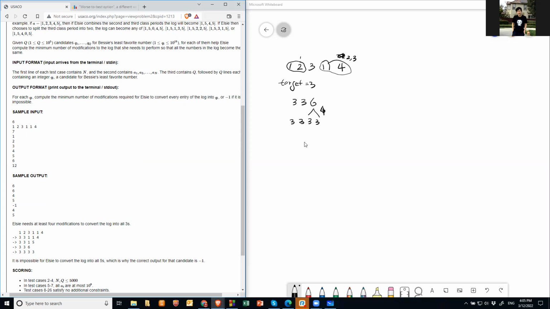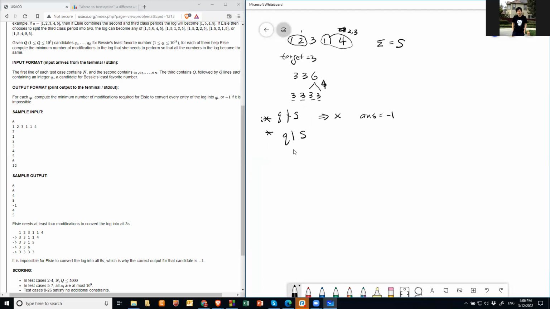Let the sum of this be s, and each group is a q. Obviously, if s is not divisible by q, you cannot do it, so the answer is -1. So let's only think about the case where s is divisible by q.